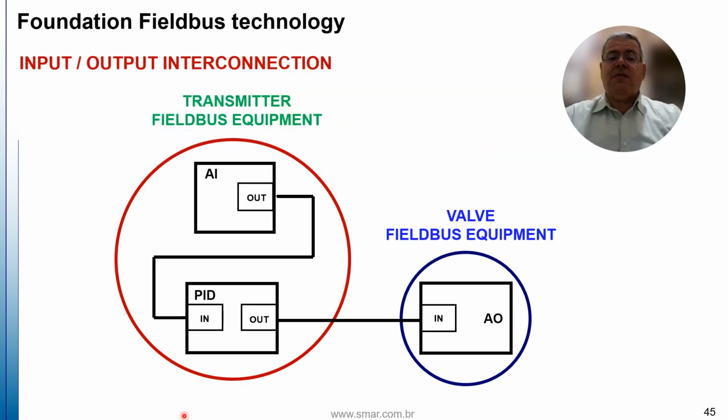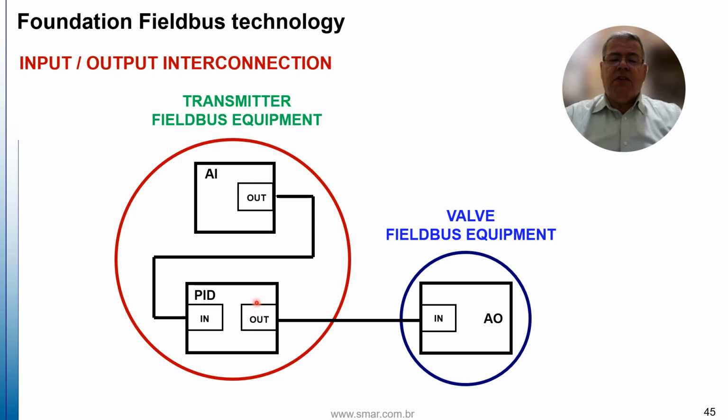Here we have an example of block interconnection, which is the configuration of the control strategy. Here are the transmitters. A logic receiver consists of an input block for a transmitter in this scenario. The input block's output in the logic will be sent through a link to the PID's in.